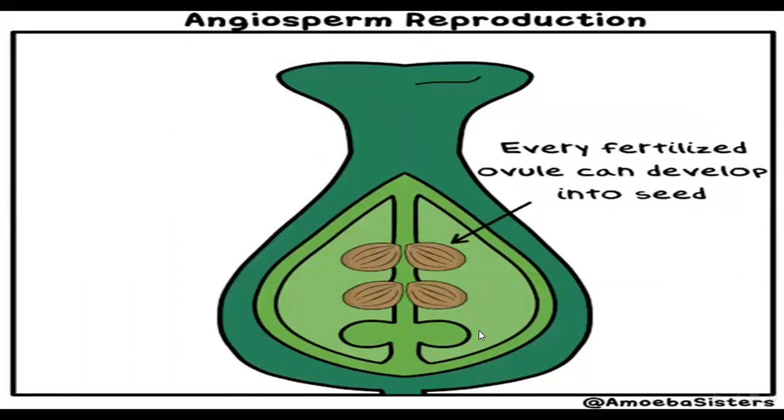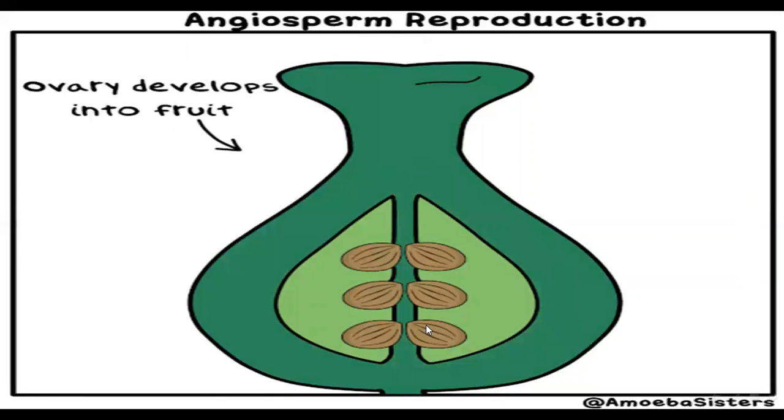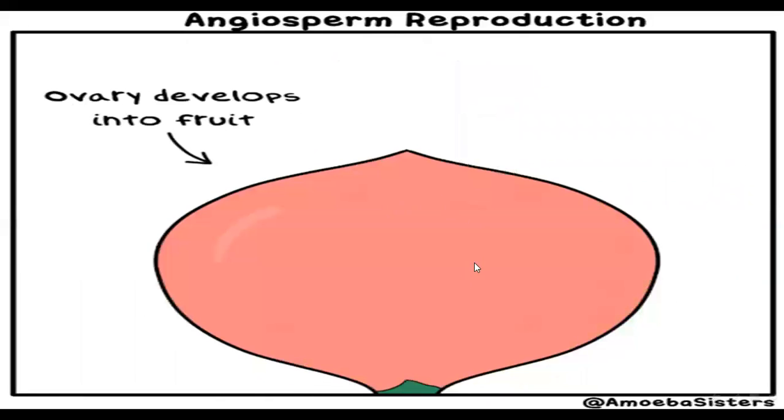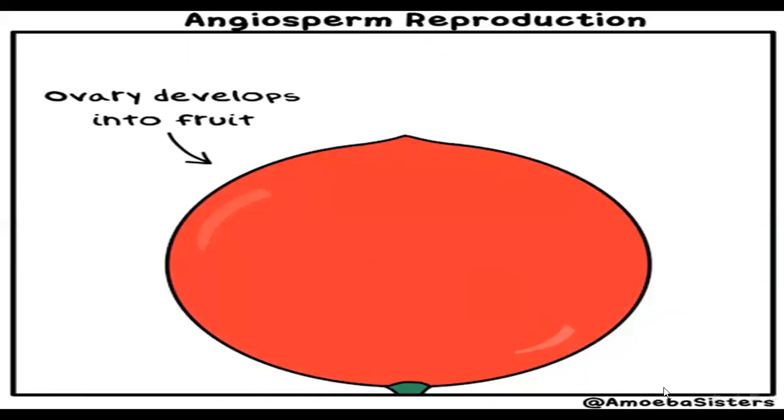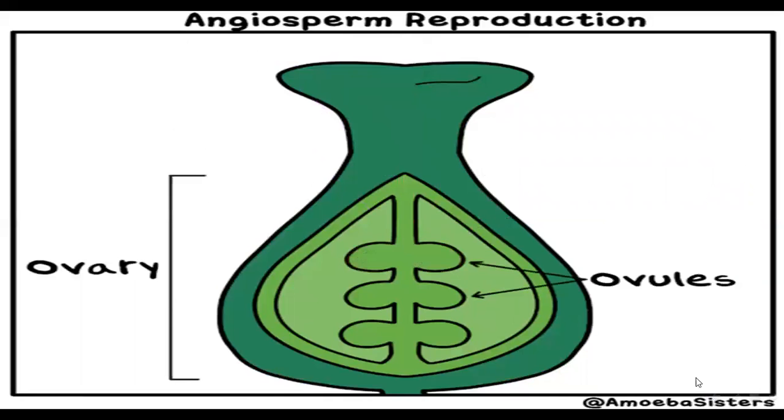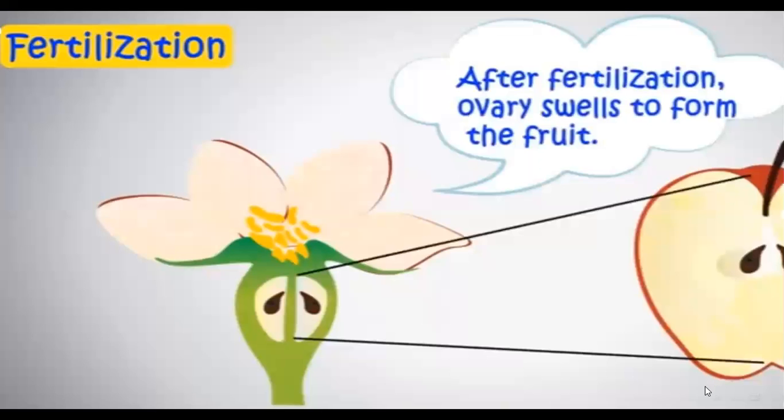Every fertilized ovule can develop into seeds and the ovary develops into fruit. This is the process of fertilization. After fertilization, the ovary swells to form fruit.